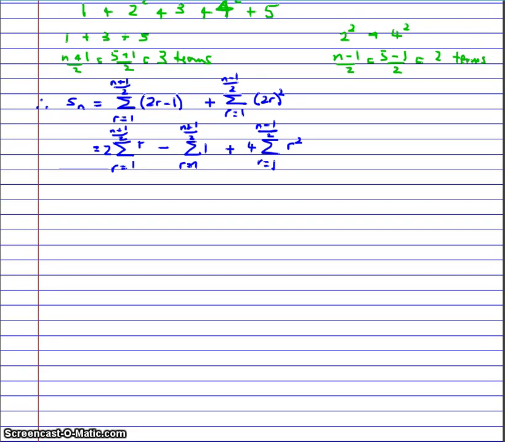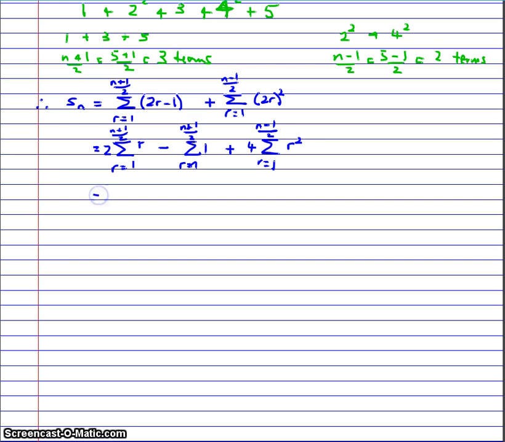You can see how we've split that into the 3 here, with n plus 1 over 2 for both of the first 2 series, and the last one is 4 times the sum from 1 to n minus 1 over 2 of r squared.